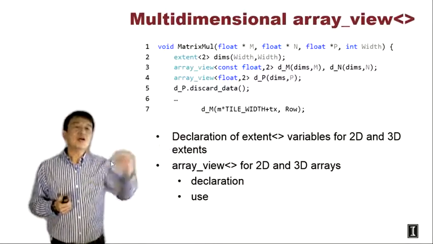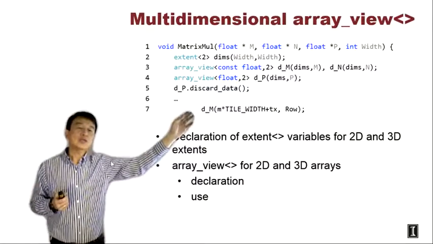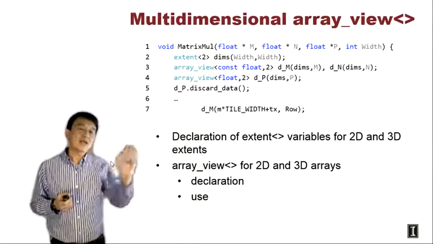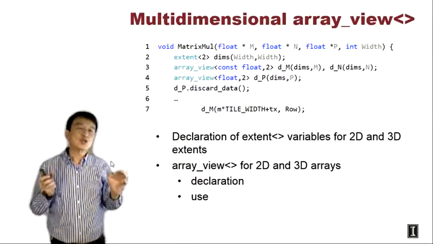So within the parallel for each construct, we can just access d_m as a 2-dimensional array. So now we see that we have the x index and y index listed as a 2-dimensional index.